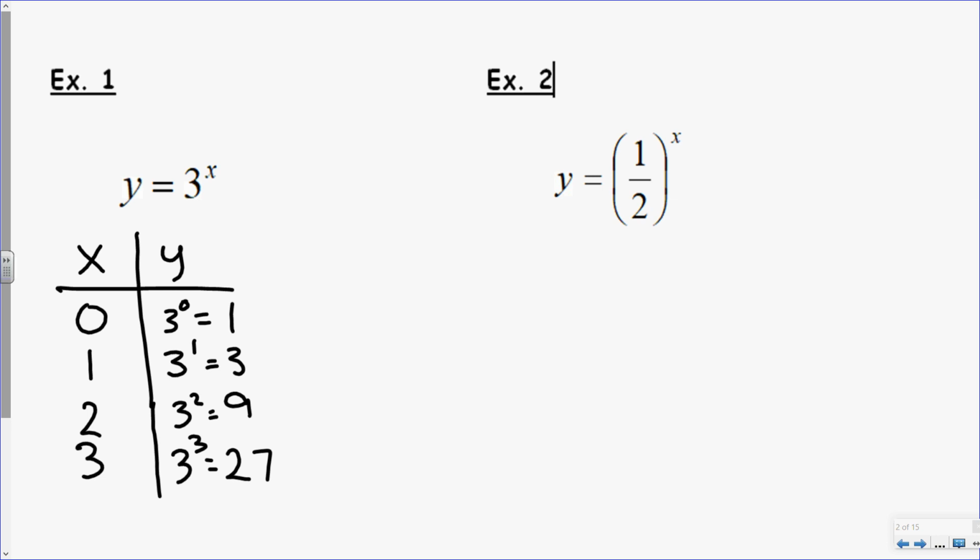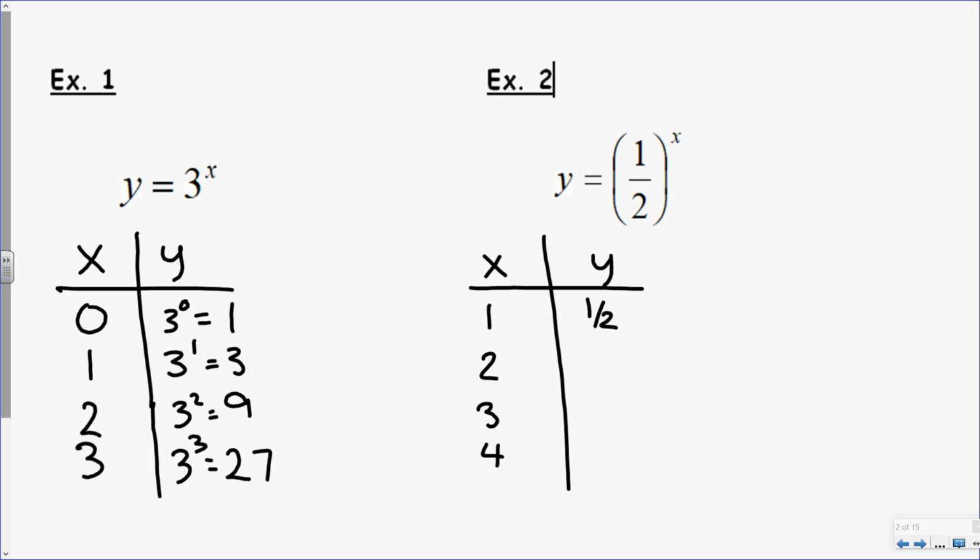Okay. Let's look at if it's a fraction. So when I have 1/2 to the 1, this is 1/2. When I have it squared, I'm squaring not only the 1, but I'm also squaring the 2.